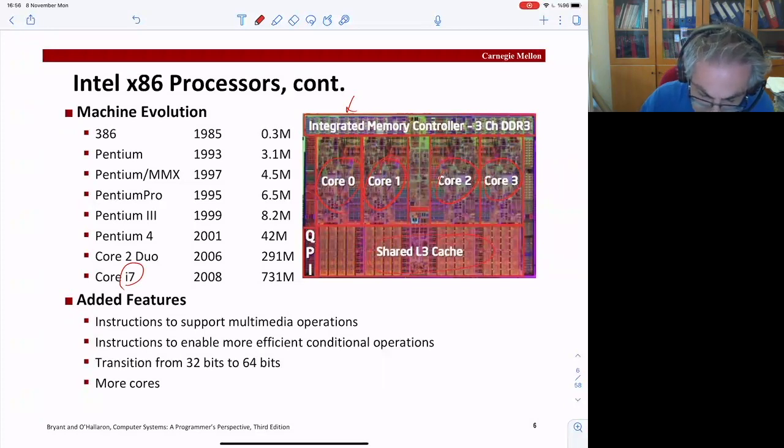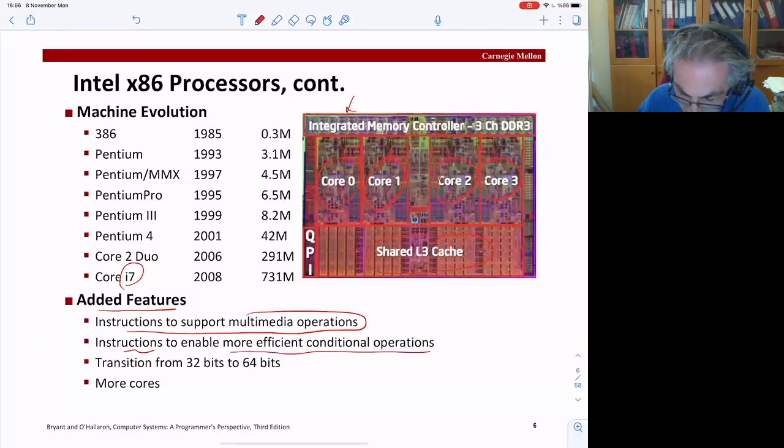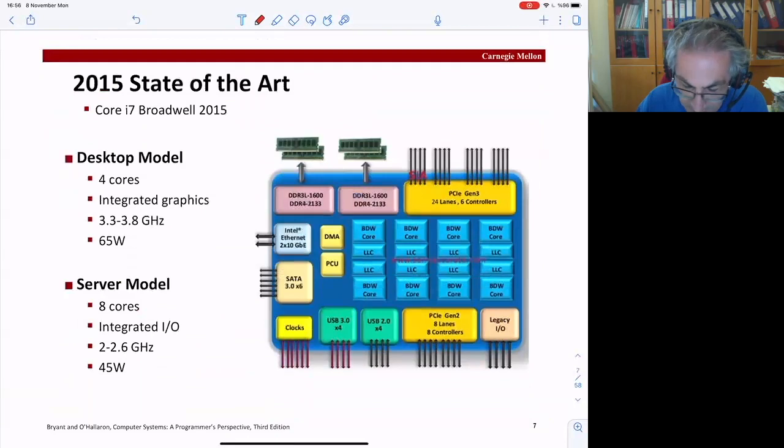You could see that there were a lot of other things: specific instructions to add multimedia operations, and some extra instructions to do more efficient conditional operations. They transitioned from 32 to 64 bits, et cetera. These were the main things. And this was the i7's architecture, just to give you an idea, and you will be understanding what some of these things are, these cores.